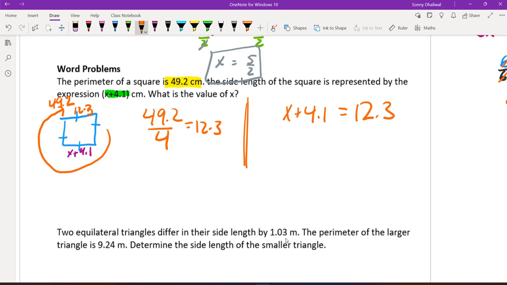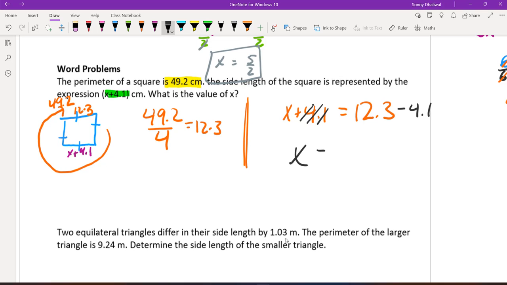Now, how big is x? How do we find the value of x? Right? We have a little equation there. How do we get rid of that 4.1 on that side? Subtract. It's plus 4.1 over here. Right? And we subtract 4.1 on the other side.